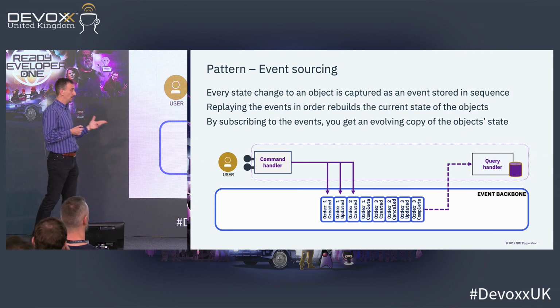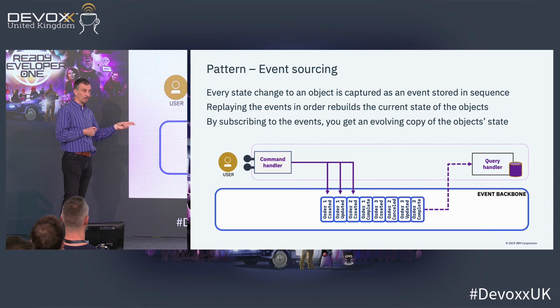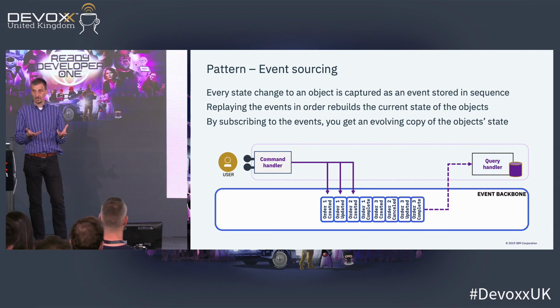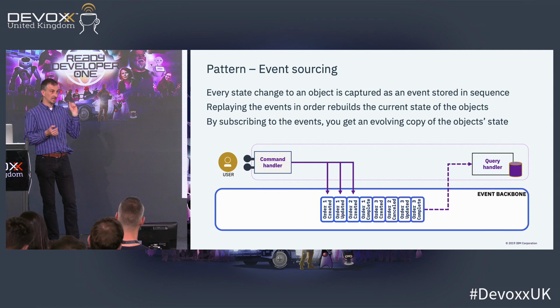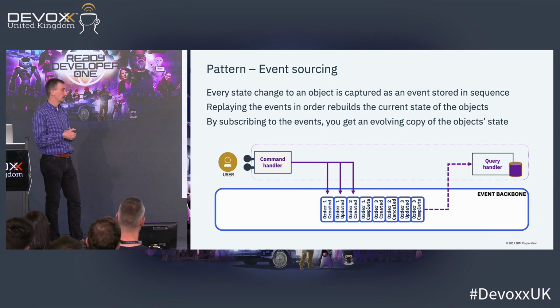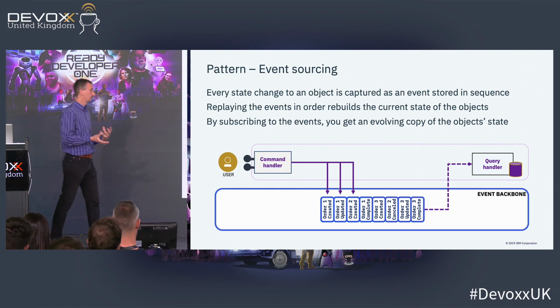If I replay all of the events in order, starting from the beginning of time, I've recreated my business. Now, the difficulty is, of course, the longer the business exists, the longer it takes to replay them. So it grows without limit. There are complexities to doing it in practice because of the space it takes and that kind of thing. But as a model, it's really nice and very clean.